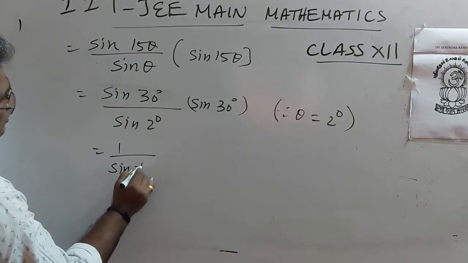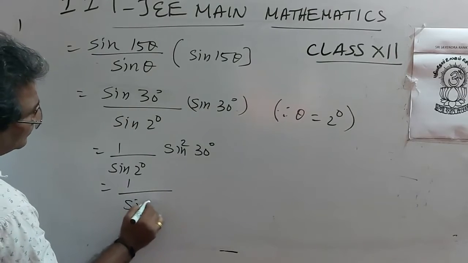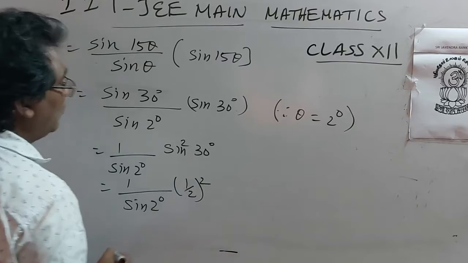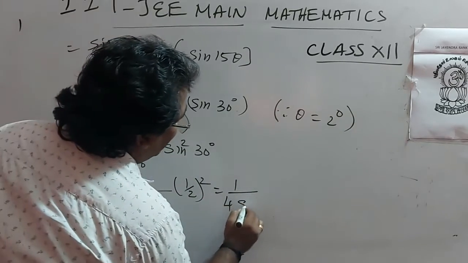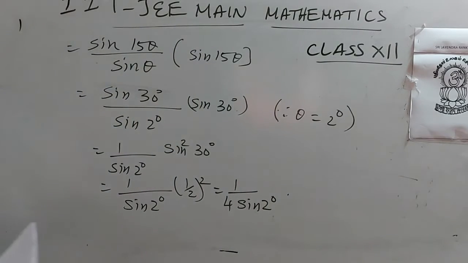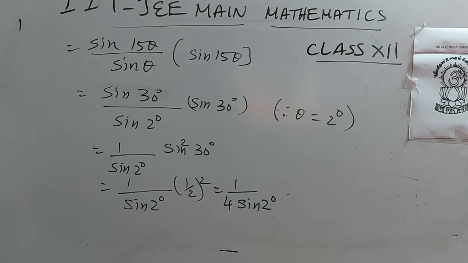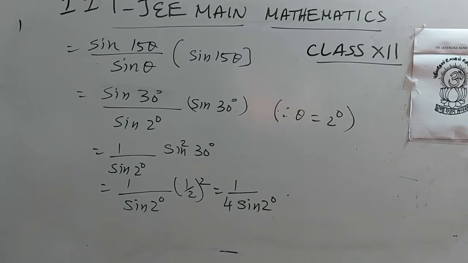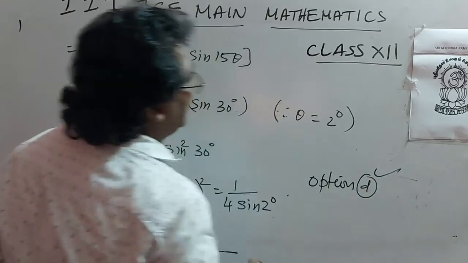That gives 1 by sin 2 degree into sin square 30 degree, which is one by 2 whole square, one by 4 sin 2 degree. So option D is correct.